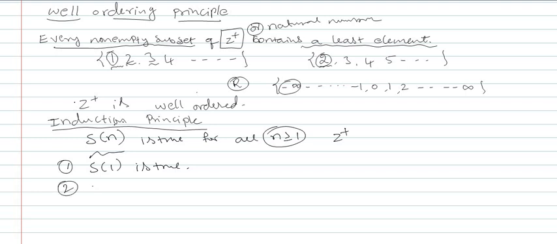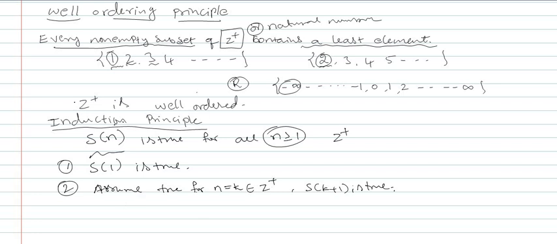Second, we assume this statement is true for n equal to k. So if it is true for some n equal to k which belongs to Z plus, then S of k plus 1 is true.